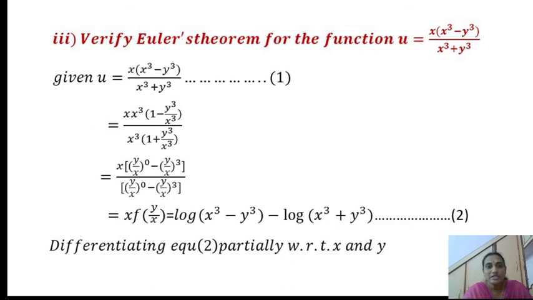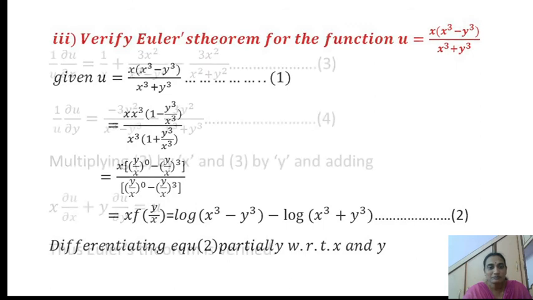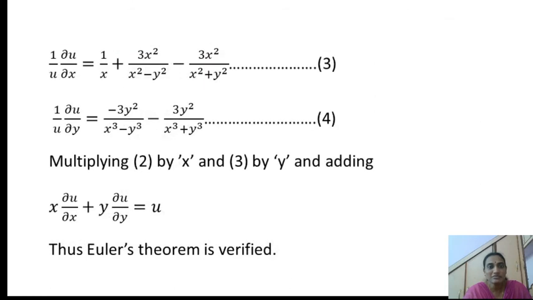Now differentiating equation 2 partially with respect to x and y. After differentiation we get 1 by u, ∂u/∂x is equal to 1 by x plus 3x square divided by x cube minus y cube minus 3x square divided by x cube plus y cube. Call this equation number 3.